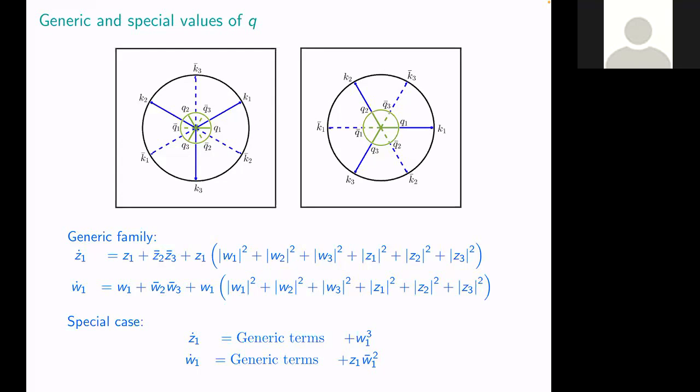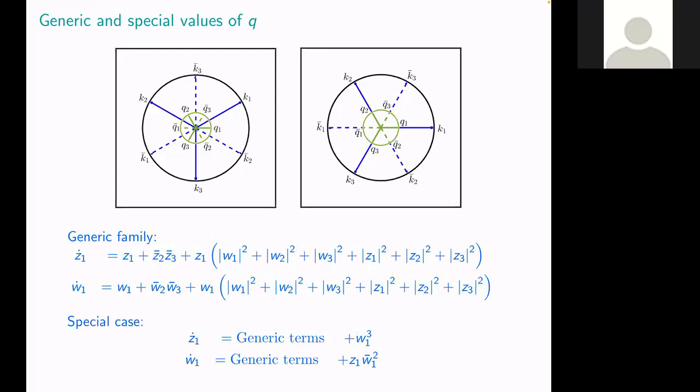So if you take K1 and then add K1 and K1 bar to it, you still have K1 left at the end. That is the term Z1 times mod Z1 squared, and so on. So this is really all the terms we would expect to be present because of the wave vectors that we've chosen. That is why it is a generic case.